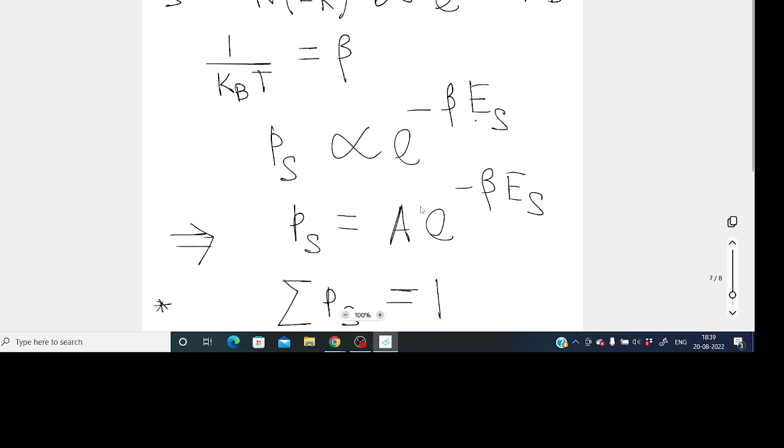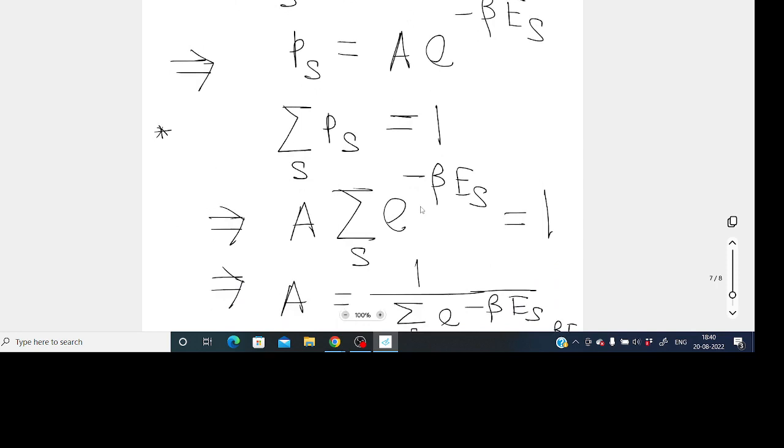Here T is the temperature of the reservoir. So the probability of finding the system with some particular energy E_S is proportional to this exponential thing. And here we are just considering that the sum of all the probabilities is always 1.